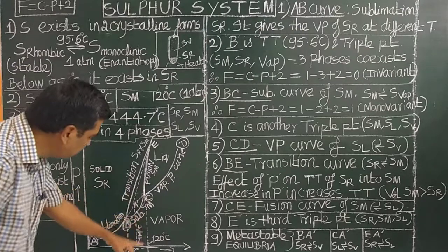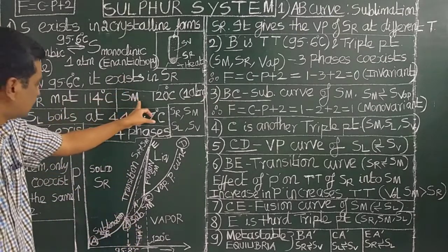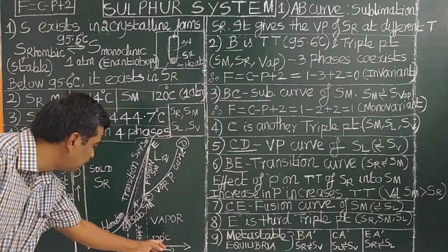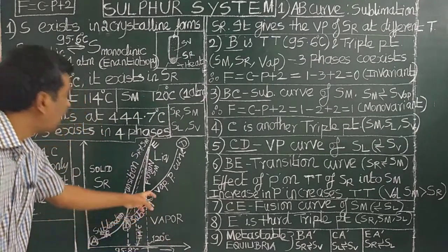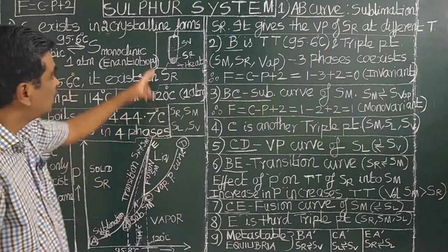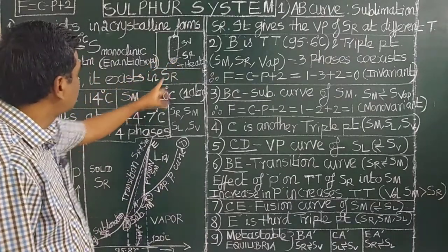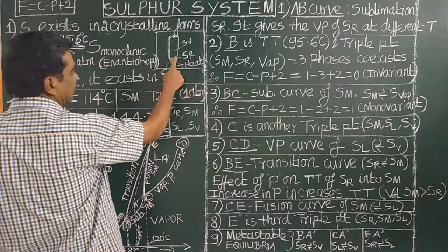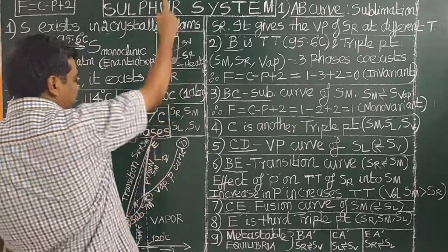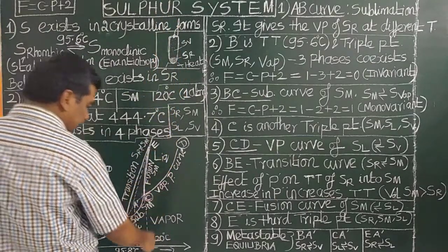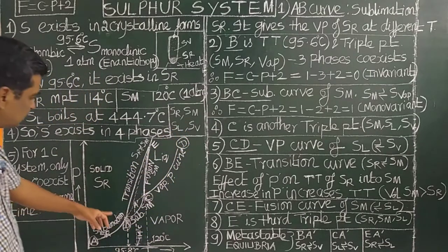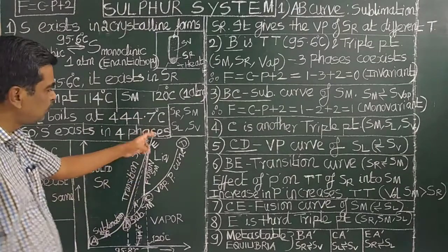At this point, this is the sulfur monoclinic melting point, 120 degrees Celsius. At this point, it becomes liquid. At 1 atmosphere pressure, it becomes a liquid, and the vapor pressure increases with increase in temperature. So this is the transition curve and this is the fusion curve.